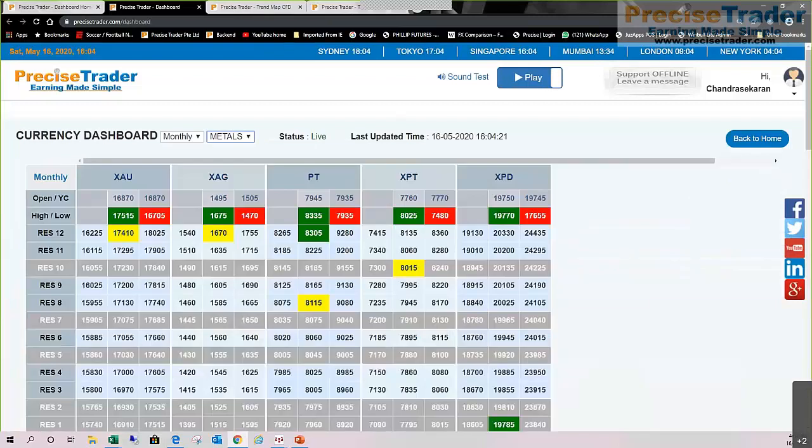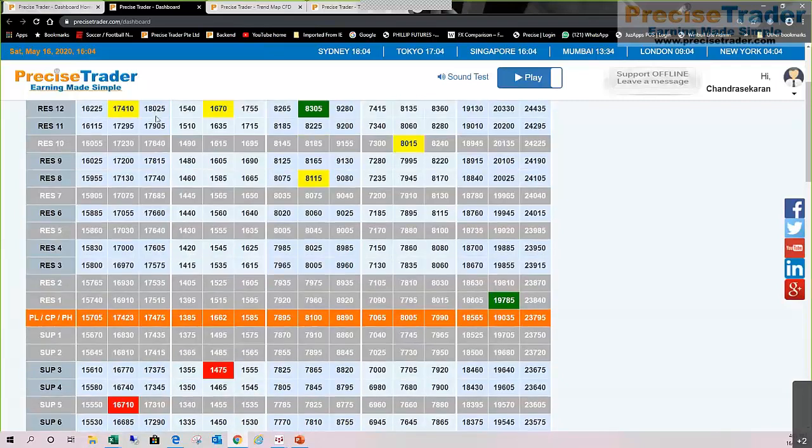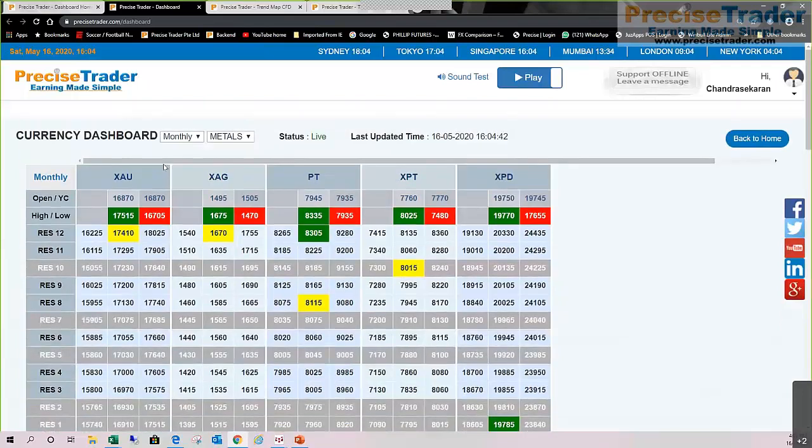As far as the levels are concerned, we need to see a break of 1753.50. If it breaks this, then we see the price moving higher towards at least 1780 or even 1800. And on the support, we feel that it's well supported, let me see on the weekly.